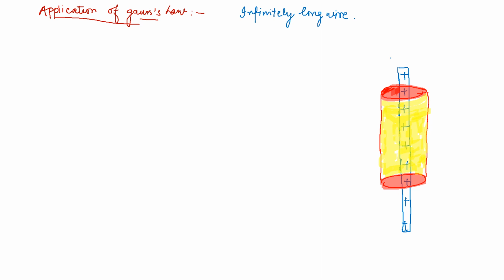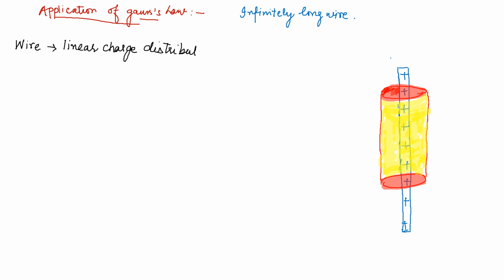Now first thing is that when we are defining such a thing, this is our line. This is a wire which will show linear charge distribution.